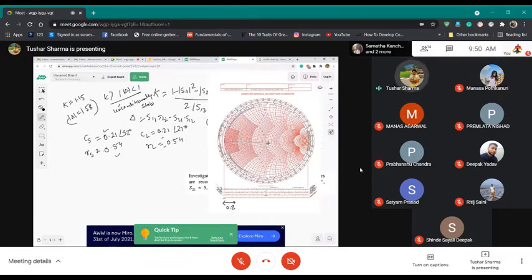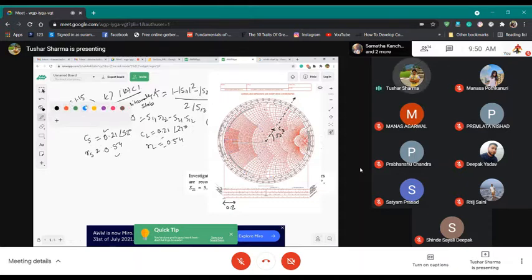Angle 52 from the center is around here, approximately. So 0.2, a smaller one, will be somewhere here, approximately. And this is my CS.